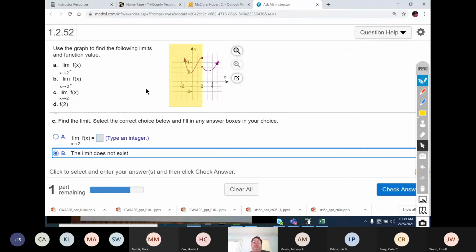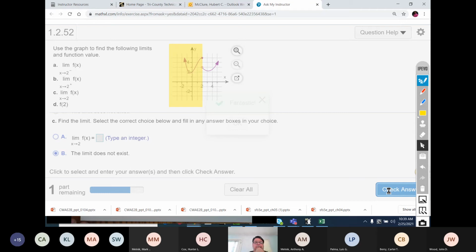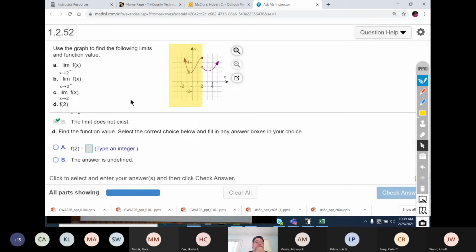That's the kind of question I would put versus that piecewise function. I'd rather give you something like this. And f of 2 is undefined because it's got an open circle right there. Well, it's not undefined because you've got a closed circle right there that cancels out.